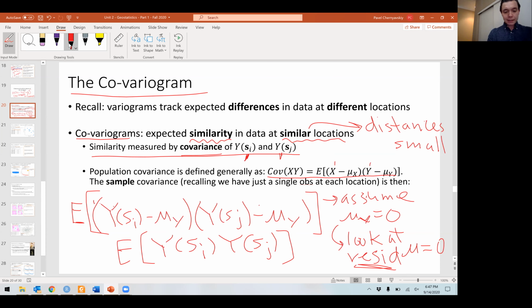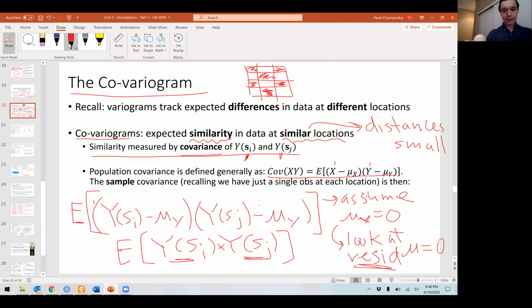And by the way, expected cross product of observations, if you think about a checkerboard pattern, and in a checkerboard pattern, that is a classic example of negative spatial covariance because nearby observations have opposite signs. You think of the filled in area as being positive and the non-filled in area being negative.